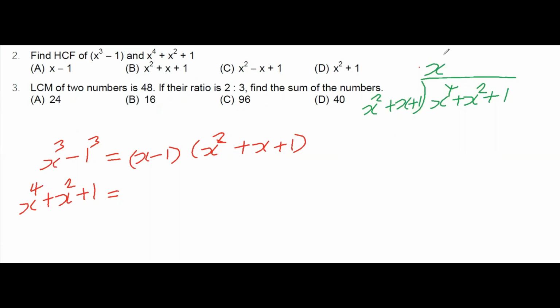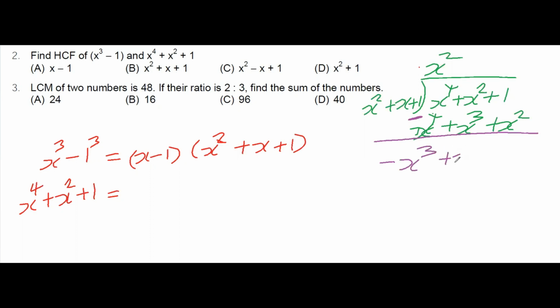So x square into x square, I will get x to the power of 4 plus x cube plus x square. Now when I subtract, this x to the power of 4 minus x to the power of 4 will get cancelled. Here I will get minus x cube.